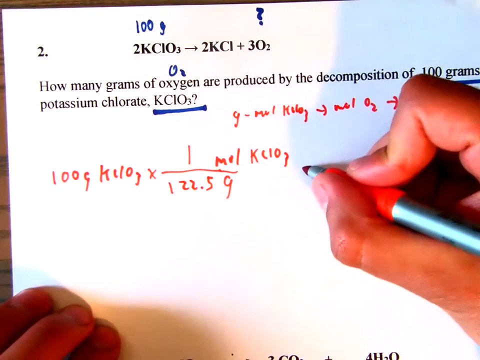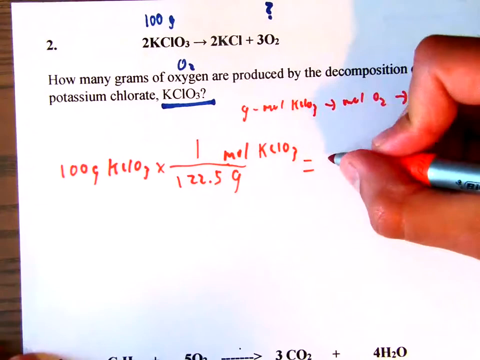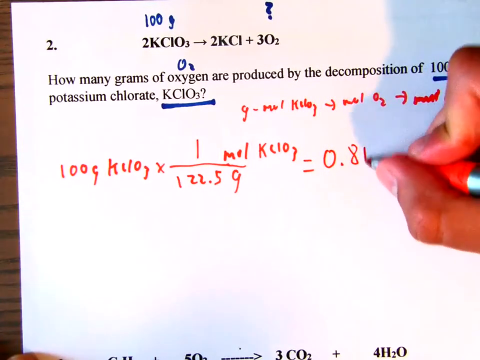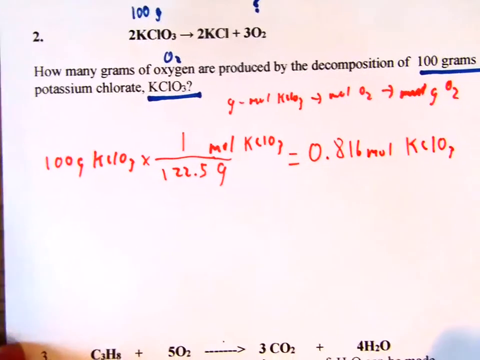We do the math: 100 divided by 122.5 gives me 0.816 moles of KClO3.